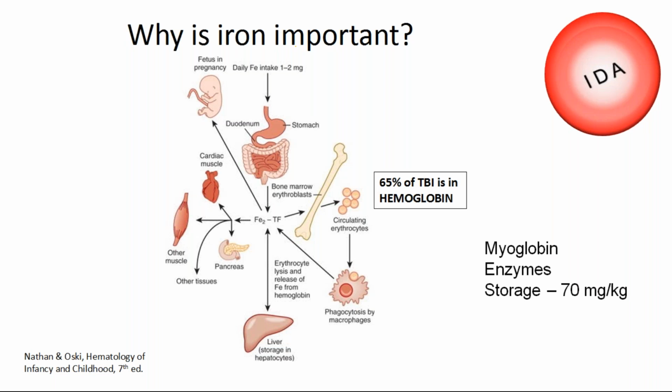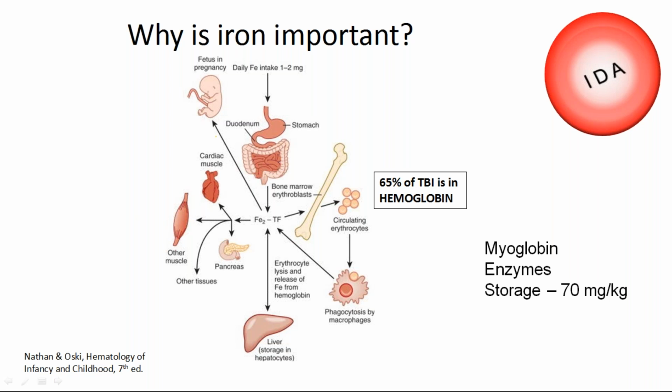Iron is absorbed, the site of maximum absorption is the duodenum, and it gets deposited and goes to the bone marrow. The ferrous form is ideal and is better absorbed. It goes to the muscle, heart, pancreas, bone, and circulating system. Always it is distributed in the liver, which is the storage in the hepatocytes. Excess iron is stored there. In erythropoiesis, in the RBC, 65% of the total body iron is in the form of hemoglobin.